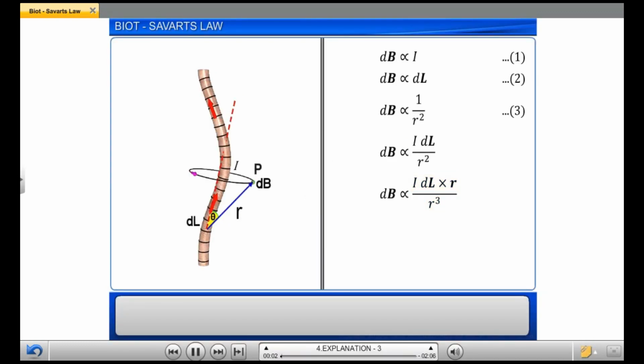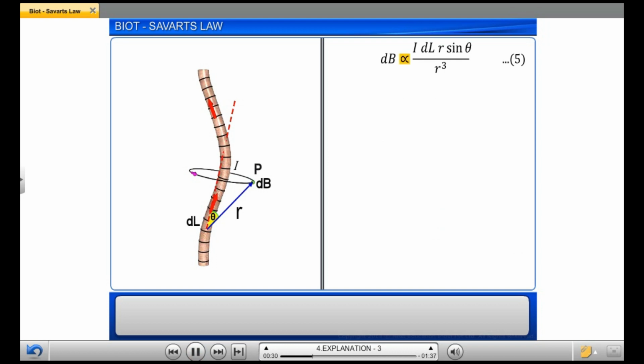Let this be equation 4. Since the magnitude of the cross product dl cross r can be written as dl into r sine theta, we can write equation 4 as dB proportional to I dl into r sine theta by r cube. Let this be equation 5.